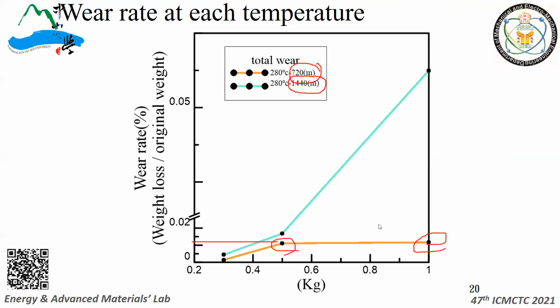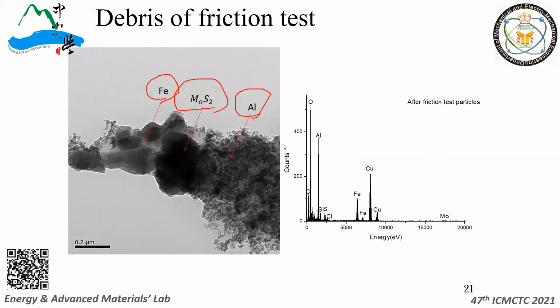That means if we just keep wearing on the surface, the wear rate remains. We also detected the debris of the steel ball head by EDS, so we can see some signals on this debris: aluminum, MoS2, and iron, of course.